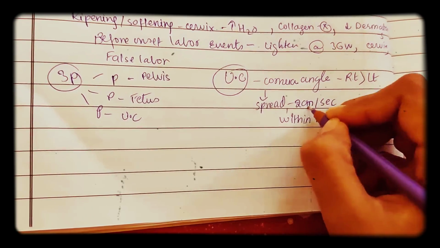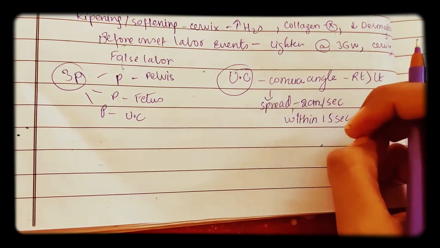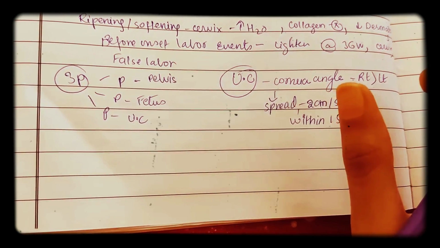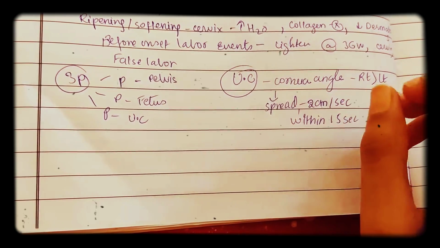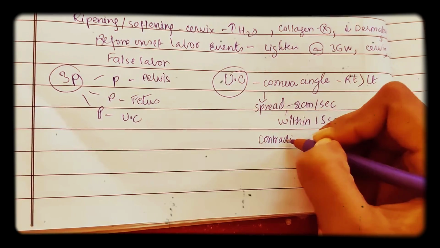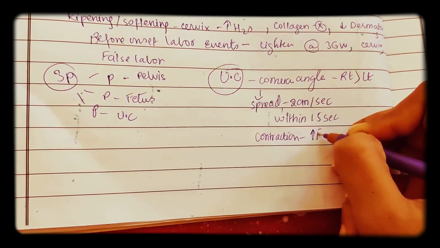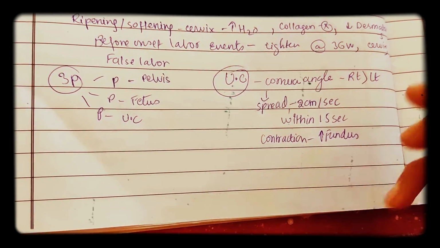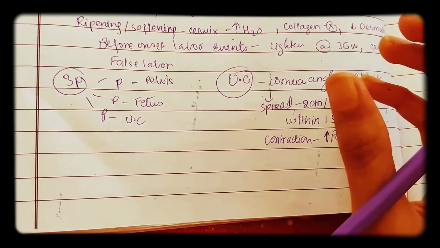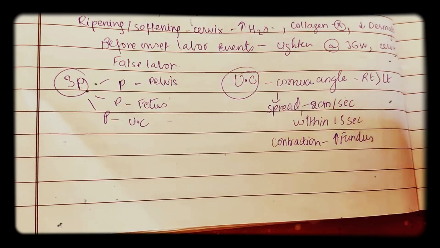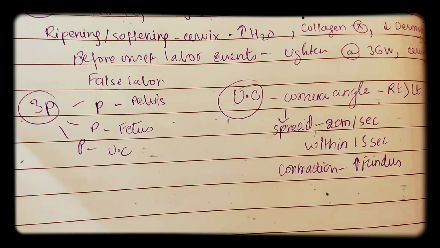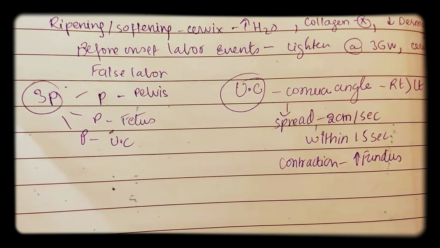So the contractions are predominant over the fundus of the uterus, so you can expect more contractions in the fundus. First it starts at the cornua angle, acting like a pacemaker, but the contractions are very high especially in the fundus of the uterus, okay?